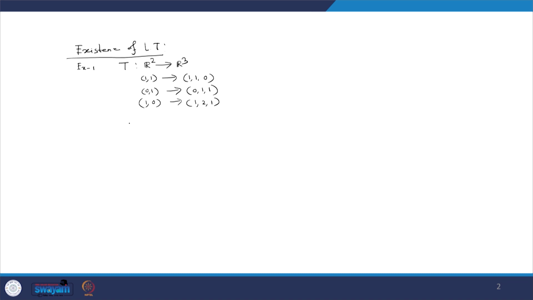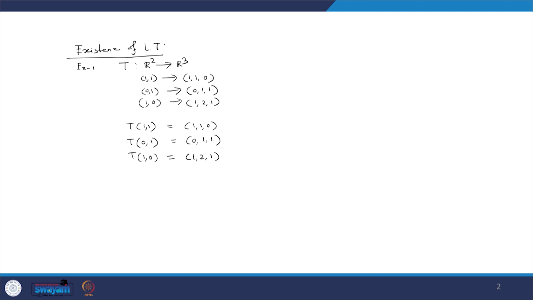It is given that T of (1,1) equals (1,1,0), T of (0,1) equals (0,1,1), and T of (1,0) equals (1,2,1). We have to check whether such a linear transformation exists or not.